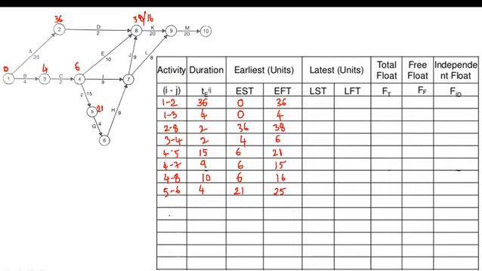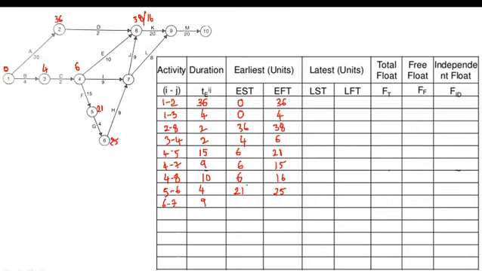After considering 5 to 6, now consider activity 6 to 7. What is the duration given to us in the problem? 9. For 5 to 6 we got 25 over here, right?